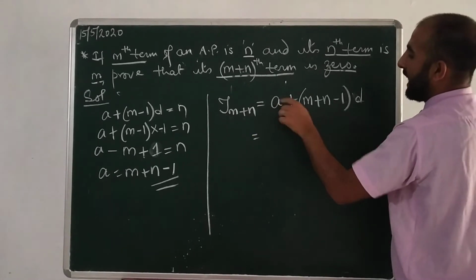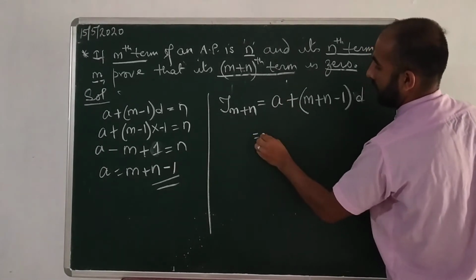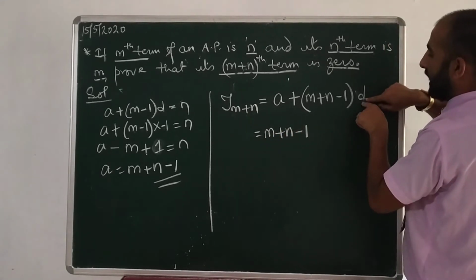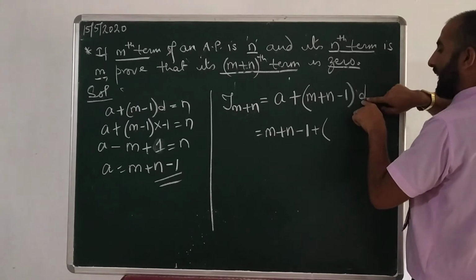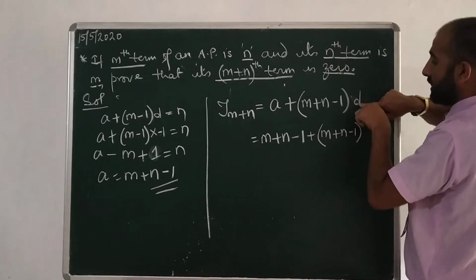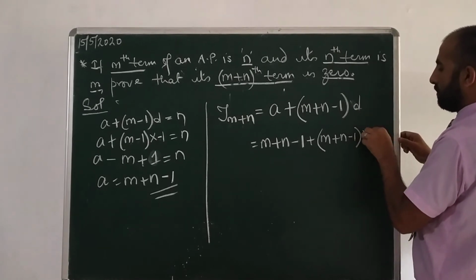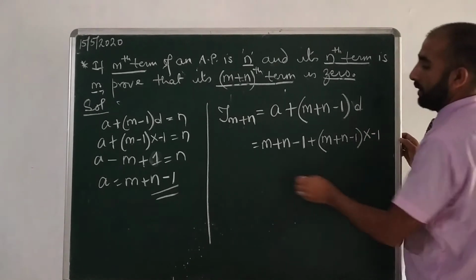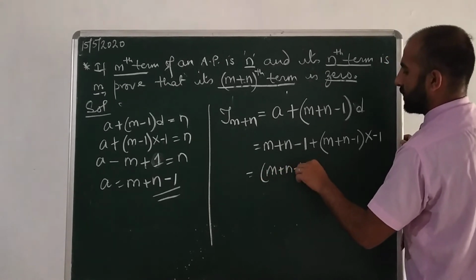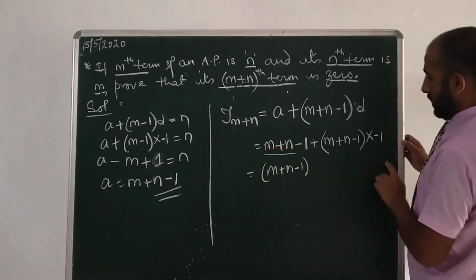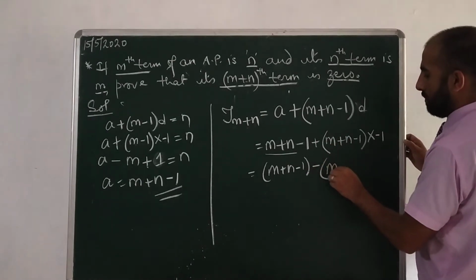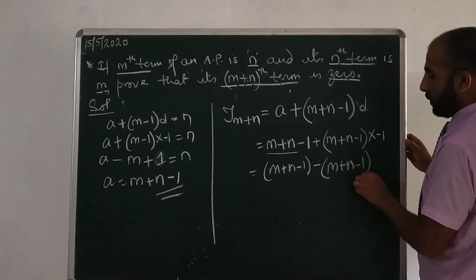Okay, so we got the value of a as m plus n minus 1, and d as minus 1. I'll keep this portion, m plus n minus 1, as it is. Now minus into plus will give you minus (m plus n minus 1).